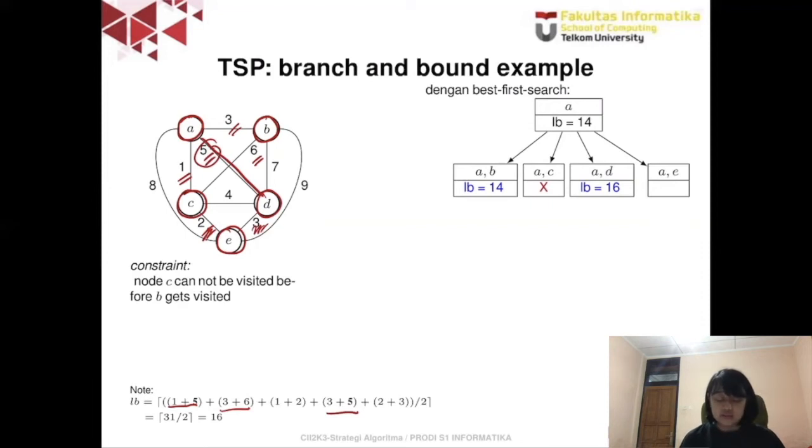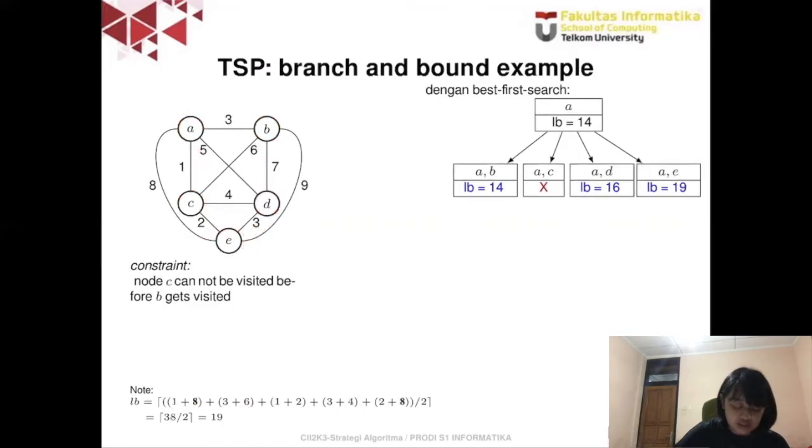Okay, and AE, which means edge AE is part of the solution. So in the solution, A must be attached to 8 and also to an edge that is not lower than 1. And for B, in the solution it must be attached to 2 edges, and they cannot be lower than 3 and 6.